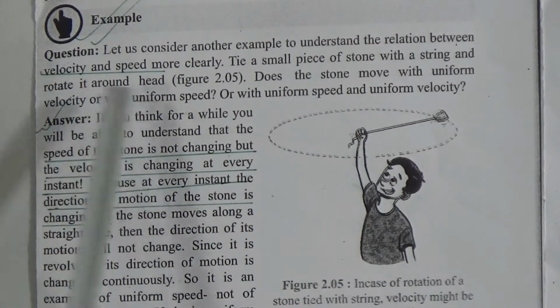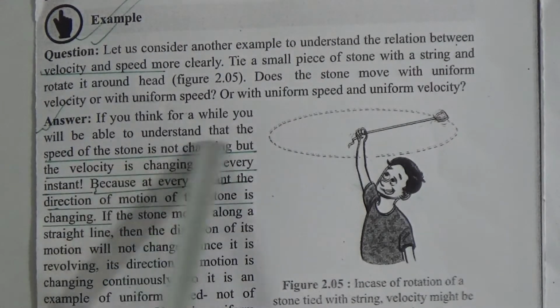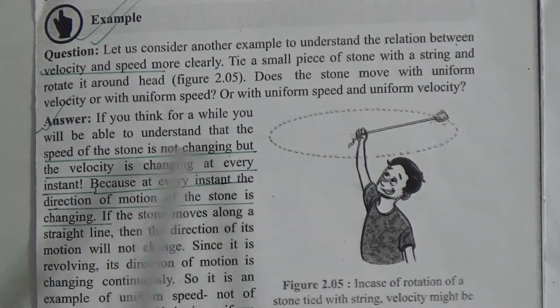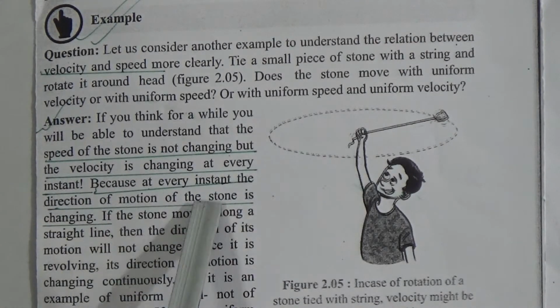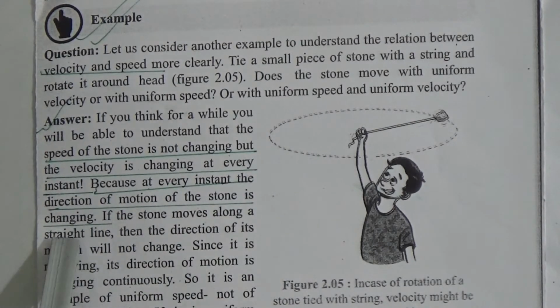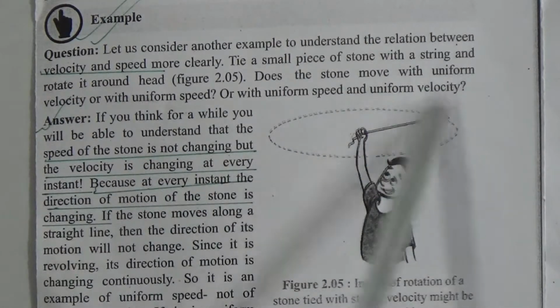Now answer. If you think for a while, you will be able to understand that the speed of the stone is not changing, but the velocity is changing at every instant, because at every instant the direction of motion of the stone is changing.